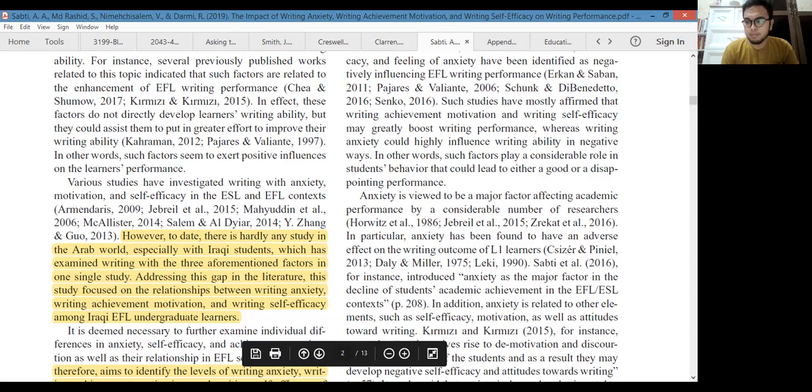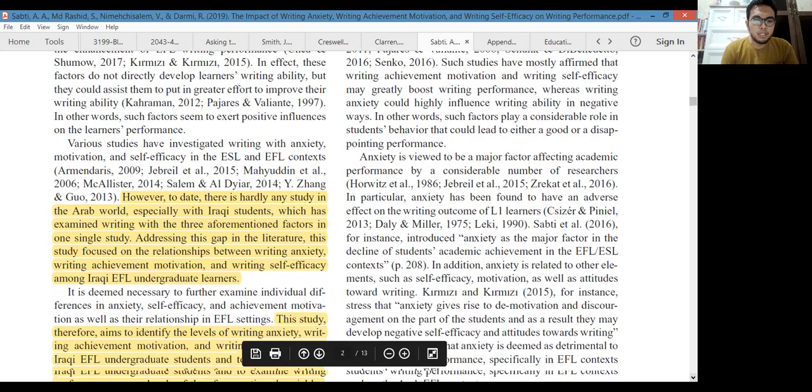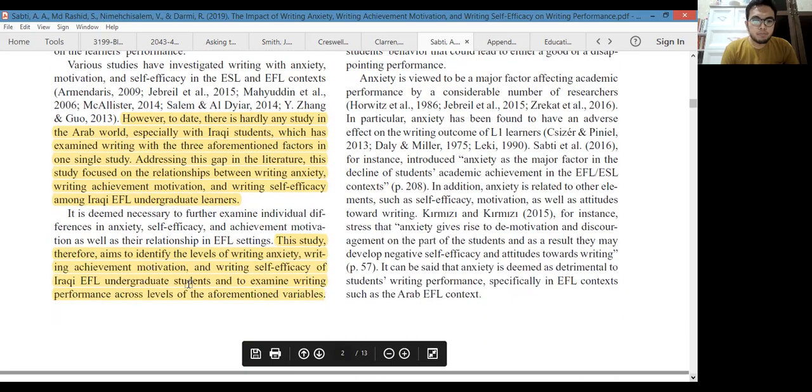And then the aims, as stated in the abstract: to identify the levels of writing anxiety, writing achievement motivation, and writing self-efficacy, and to examine writing performance across those variables.